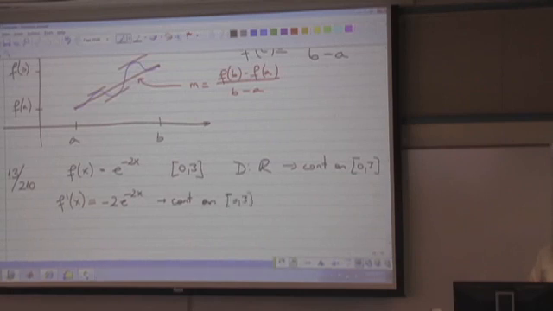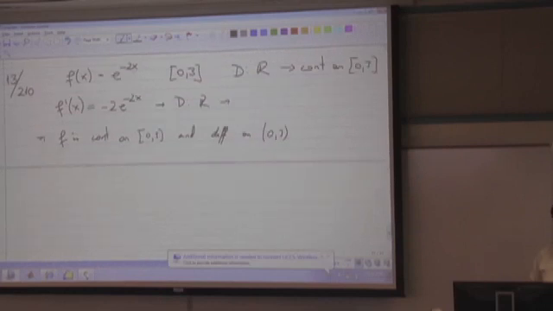Okay, let me not say that, because that's not necessarily something we're equipped to talk about. So the domain is all real numbers, and so obviously f is continuous on [0, 3] and differentiable on the open interval (0, 3). Okay?